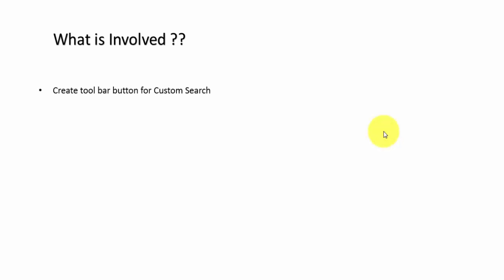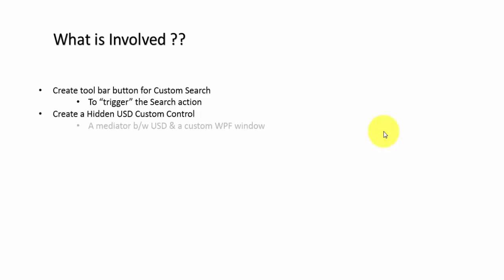First, we need to create a toolbar button for the custom search, which helps in triggering the search action. The user will click that button, which will pop up this custom search window. Then we create a hidden USD custom control, which is a mediator between your USD components and the custom WPF window.